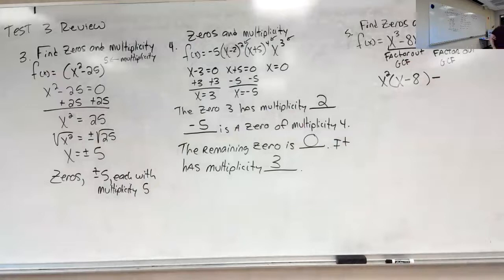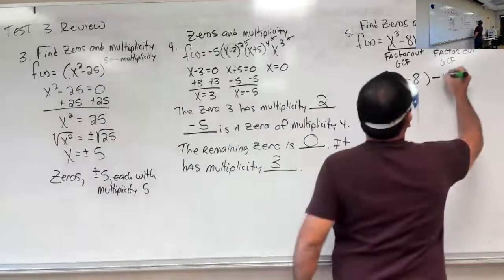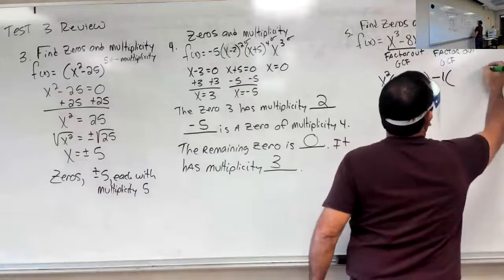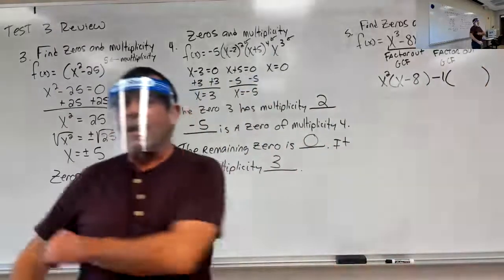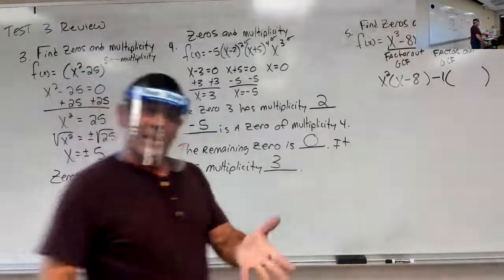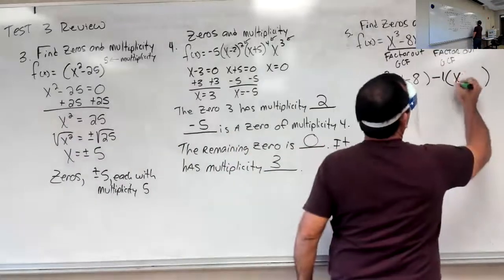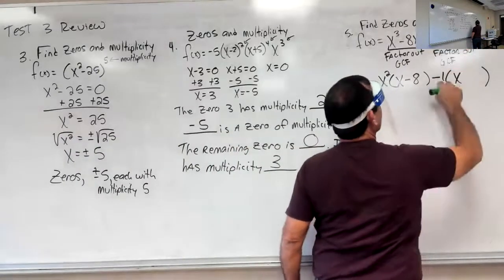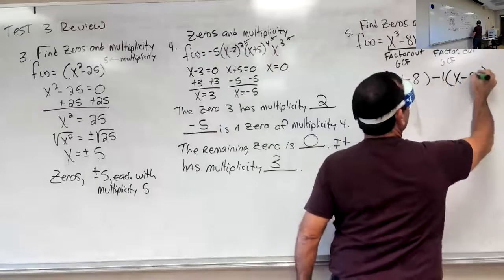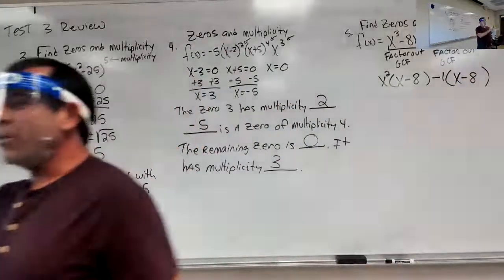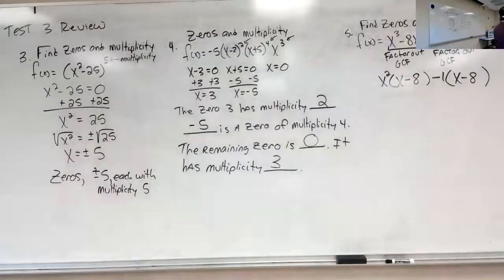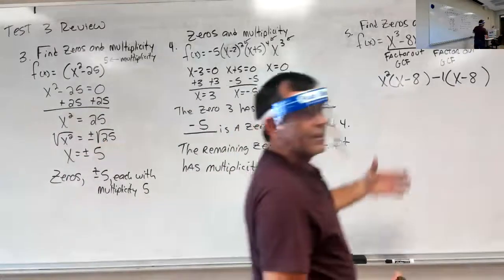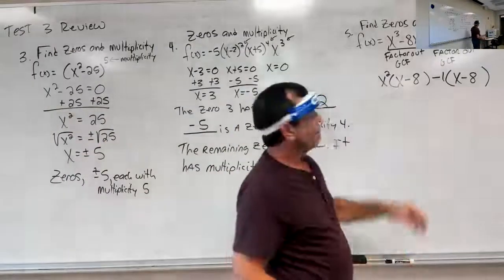A 1, and that's the only thing. So if you divide a negative x by negative 1, that's going to make it positive. And if you take a positive 8 and divide by negative 1, that's going to make it negative. But y'all notice, at that point, those parentheses better match up. They both better have the same thing in them, because that's the part that's going to help me finish this.